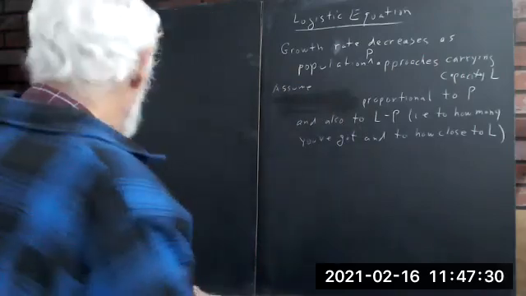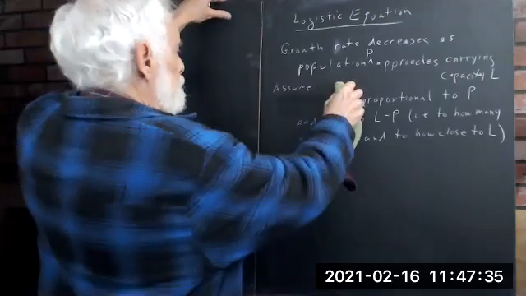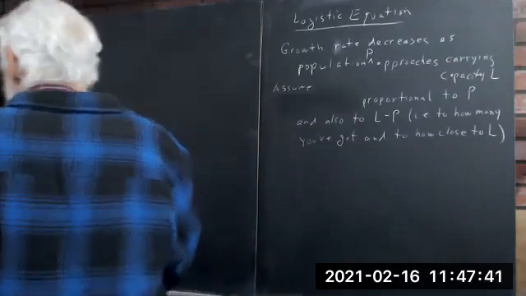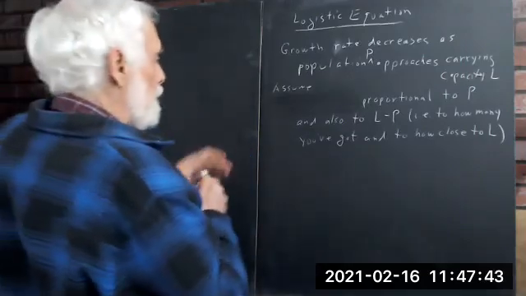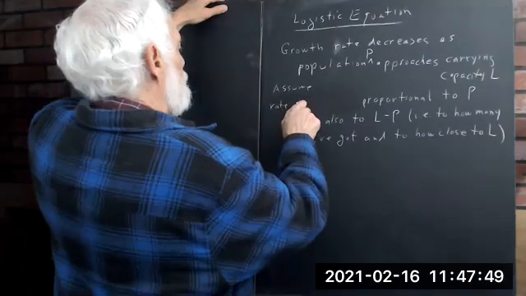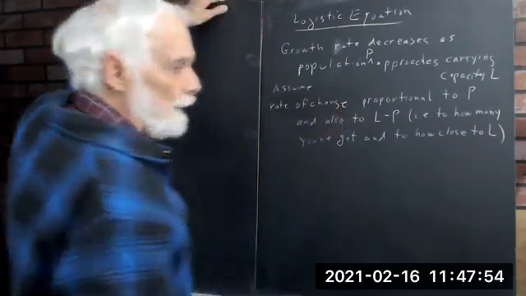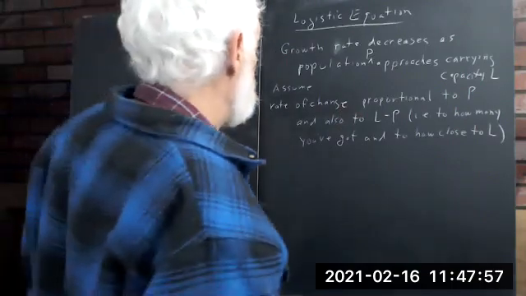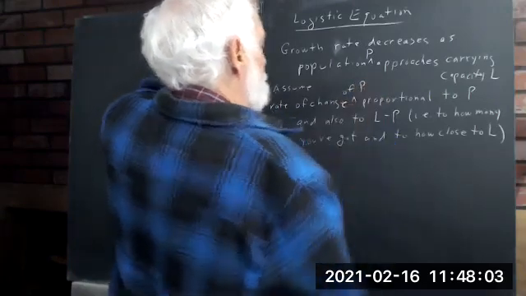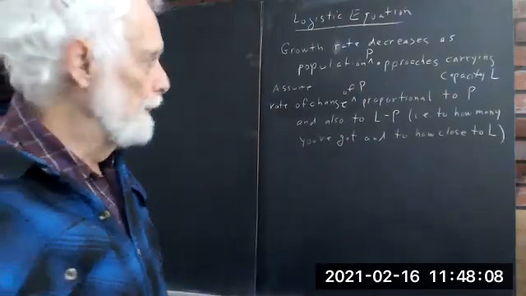Growth rate is like your value of K. Rate of growth, better say rate of change of the population P. Growth rate is like your percent interest.